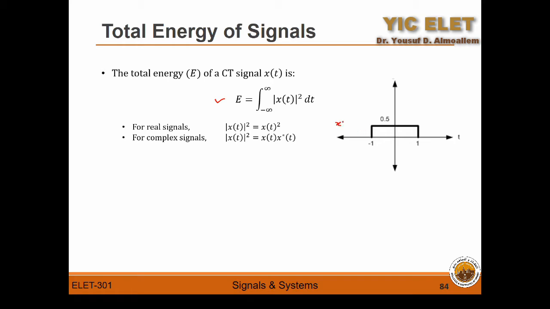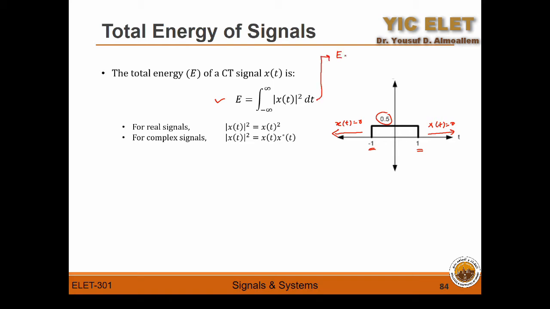As clearly shown here, x of t is equal to 0 at this part, and similarly x of t will be equal to 0 at this part. So this integration will reduce to from minus 1 to 1, and we have to take the square of this value.